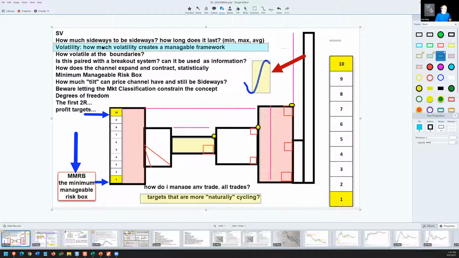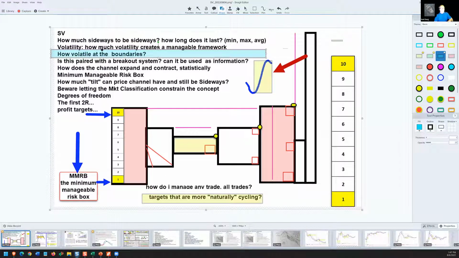The next thing to think about is, when I am approaching the boundary of my sideways channel, and it's going to behave according to my rules because I study these rules, and therefore the market will listen to me. That's how it works. You tell the market what to do, and then it will do that because it's as obedient as your children. So I want to know, when I'm at these boundary conditions and I'm trading this way, or I'm at the boundary condition trading that way, how volatile is it when it gets near the boundary?